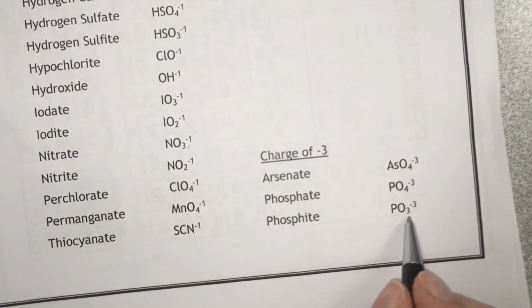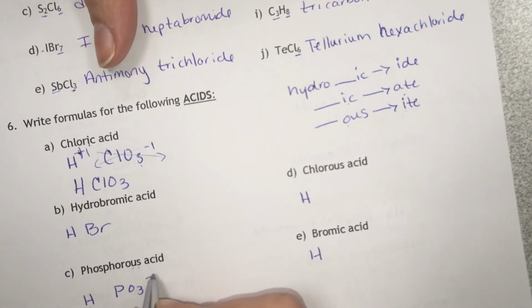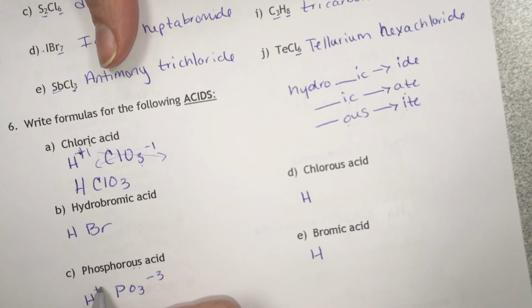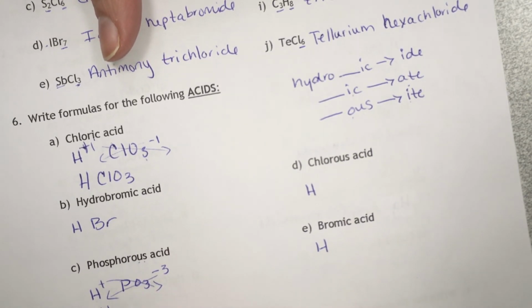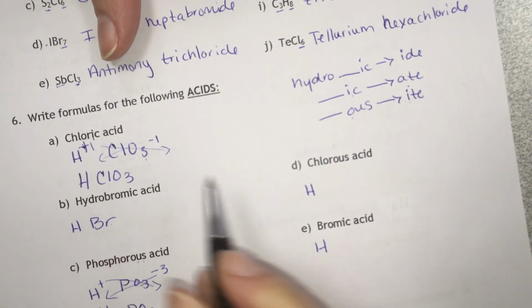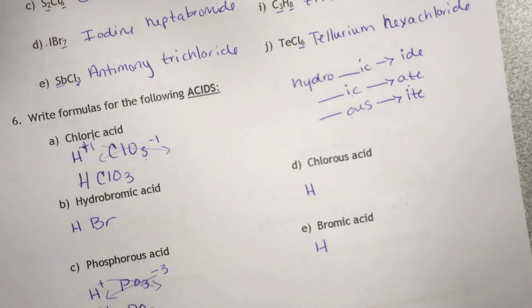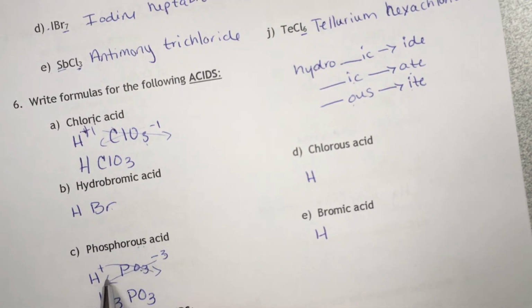Here it is, PO3 with a -3 charge. So you'll bring the charges down. H3PO3. So you notice how every single ion will have just a 1 subscript. So really we're just looking at the charge on the ion, and that's what will be the H's subscript.